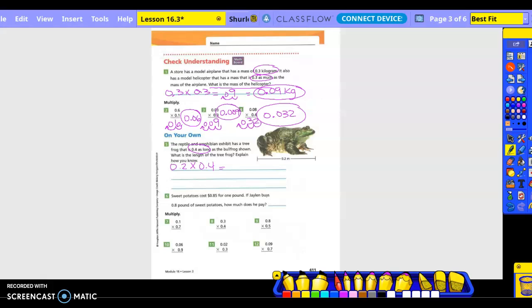So what is 2 times 4? 8. How many decimal places do I have at the first one? 1. How many do I have in the second one? 1. So I have a total of 2. So I go to the end and I loop over 1, 2. What do I put there to hold my spot? 0. So my answer is 800 meters.